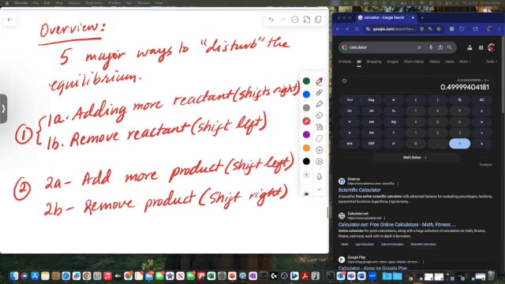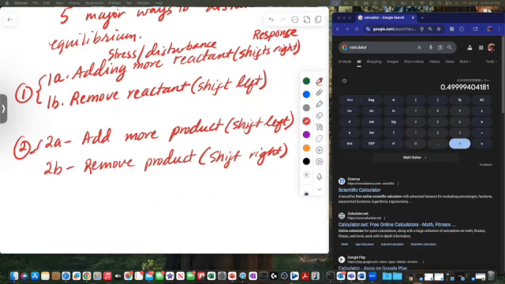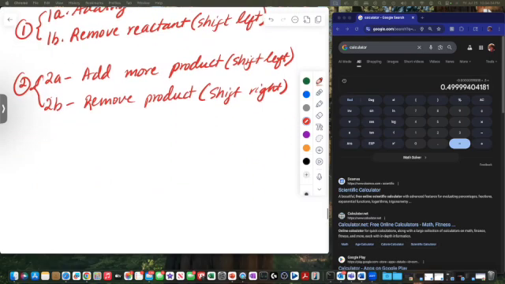So what I'm putting in parentheses is the response. And then what I brought right here is the stress or disturbance. So how you can disturb, and then how the system responds. Okay, so this is number 2, and we have this right here. My handwriting is getting messed up.